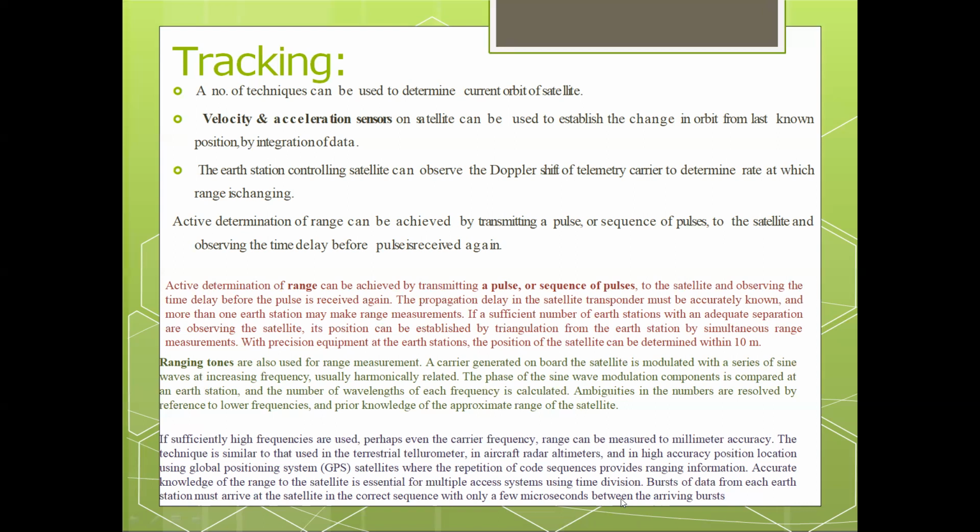What will these sensors do? They continuously send data from the satellite to the ground earth station, giving the orbital velocity, and the exact position of the satellite is known by integrating the data.